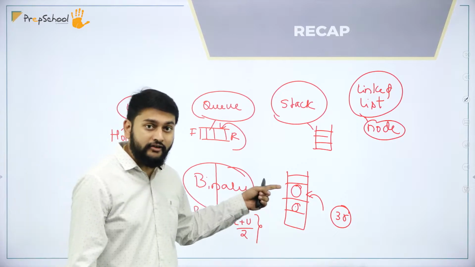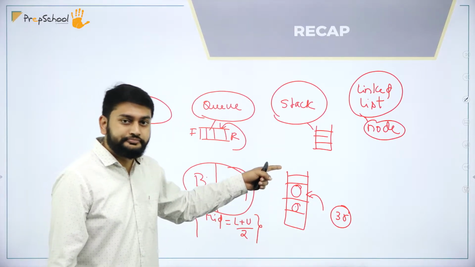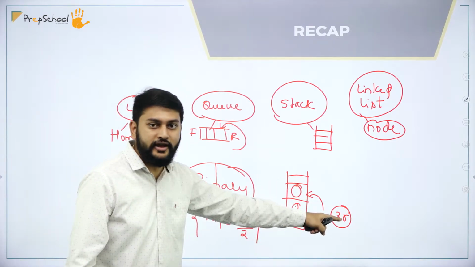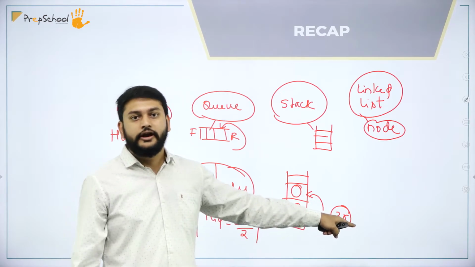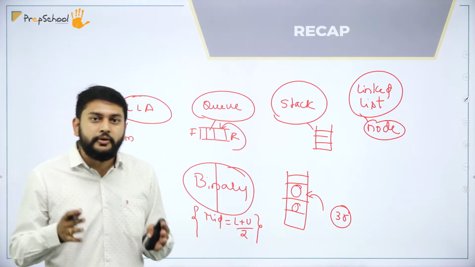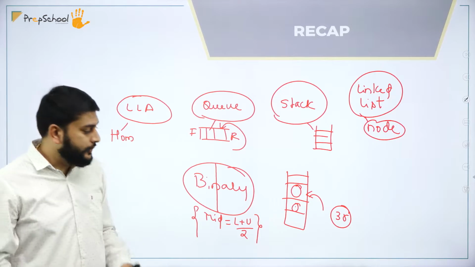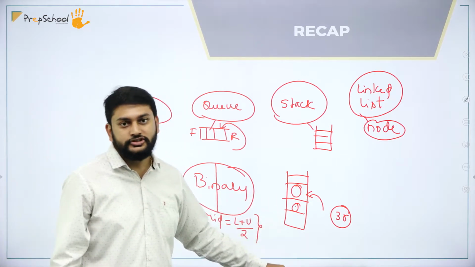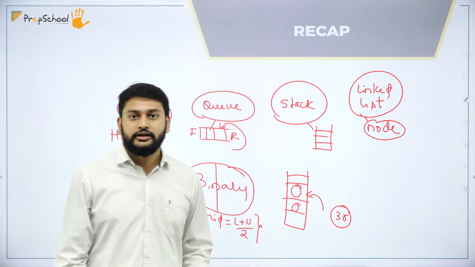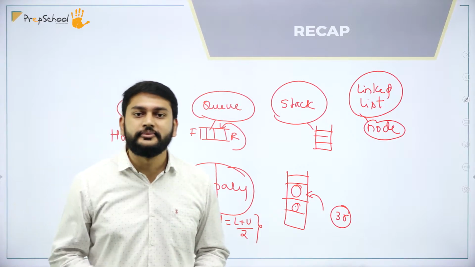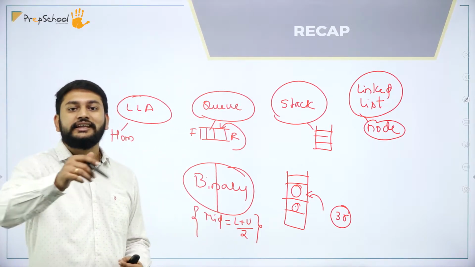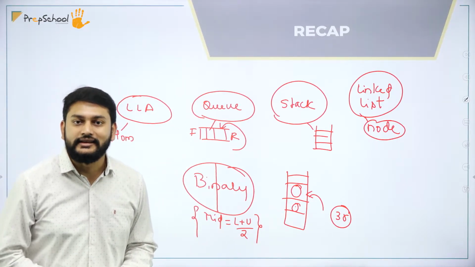For example, I should have 30 and I should have 40. So 30 is lesser than 35 and 40 is greater than 35. So I should find the perfect place. Once I find the perfect place, I should shift all the elements and make room for this element. So this is what you have to remember with respect to inserting an element into the linear list, right?